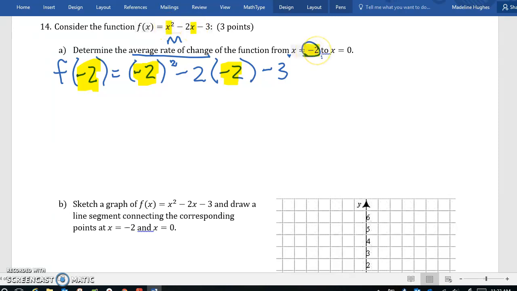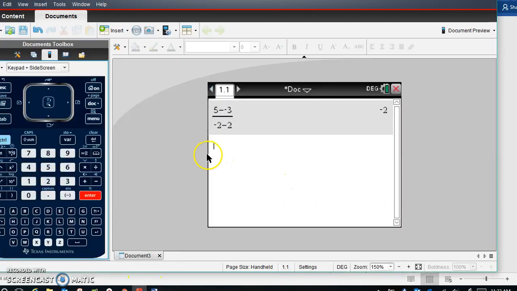And that's down here. And we can plug that right into our calculator to see what we get. So I'm going to go over to the calculator here. And we have parentheses, -2, close parentheses, squared, minus 2, parentheses, -2, close parentheses, minus 3, hit enter, and that gives us 5.